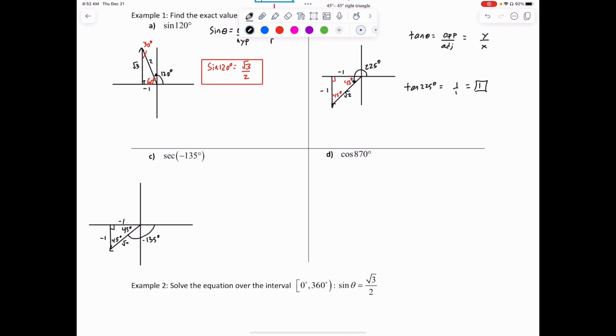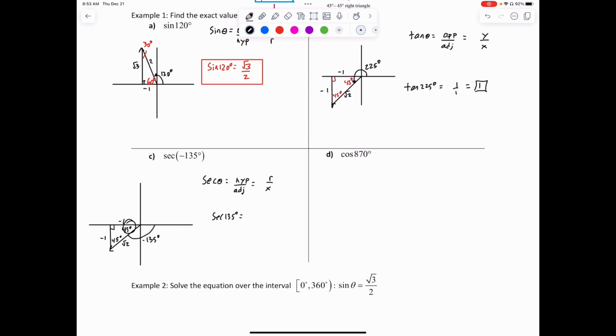So we'll fill in our sides exactly the same way: -1, 1, and radical 2. But because this is secant, we know that the secant of theta is the reciprocal of cosine. So it is the hypotenuse over the adjacent, which is of course equal to the radius over the x value. In this particular problem, we're doing the secant of 135 degrees.